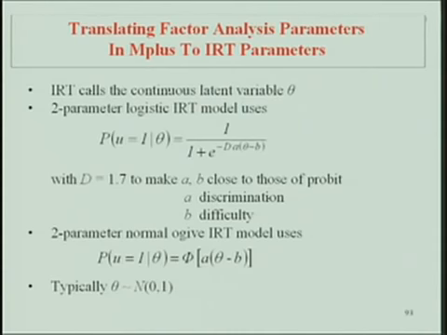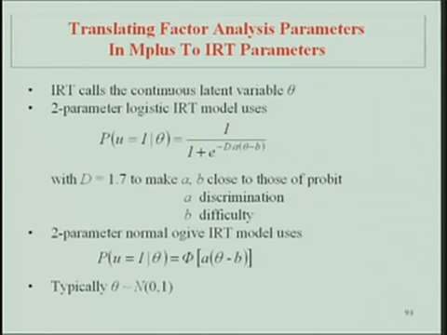So we should note a couple of things: IRT calls the continuous latent variable theta. So they don't say eta. They say theta, we say eta. And that can confuse us because their theta is our residual variance parameter, right? So theta is their ability variable, and they're very interested in theta hat sub i, individuals' ability scores for testing purposes.